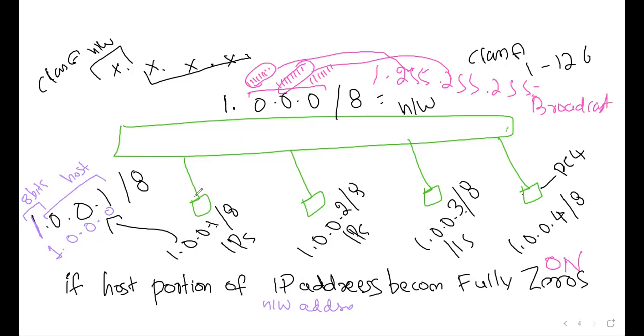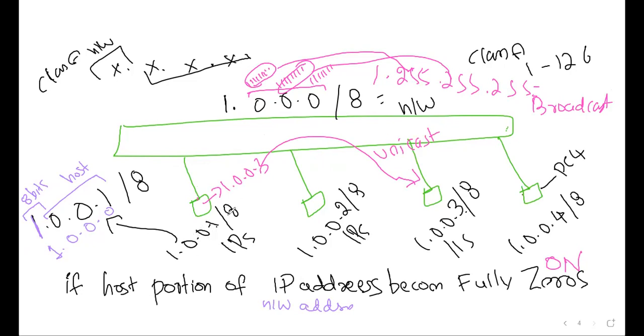If this host sends a query to 1.255.255.255, that query will reach everyone within that network. If host 1.0.0.1 sends data to 1.0.0.3, this will go to only this computer, which is called unicast communication, one-to-one communication.